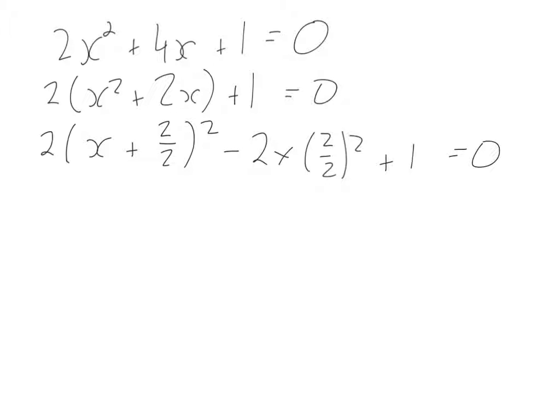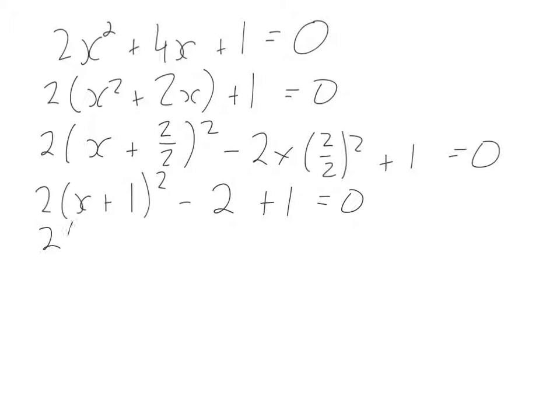So the first part stays the same: 2 outside of x plus, and we know 2 on 2 is 1. So x plus 1 all squared minus, well, we can probably just do this in one step. 2 on 2 equals 1. 1 squared is 1. 1 times 2 is 2. Plus 1 equals 0.